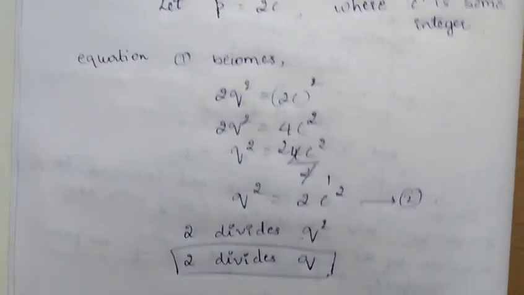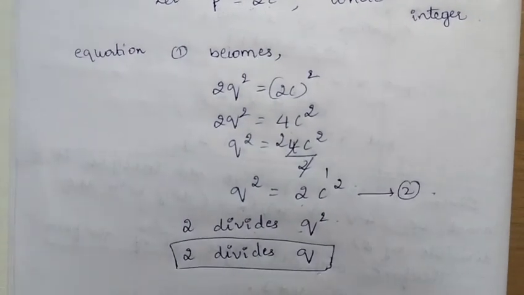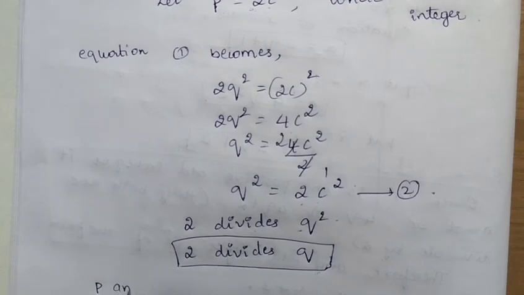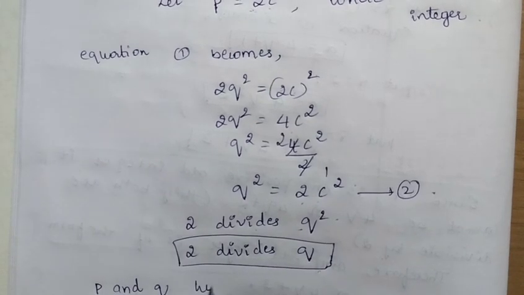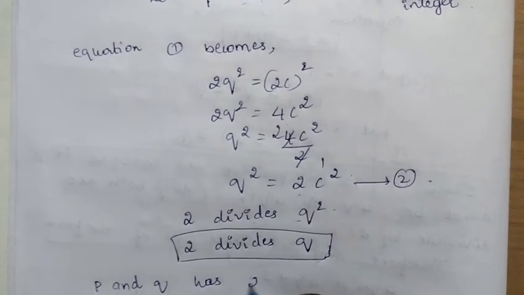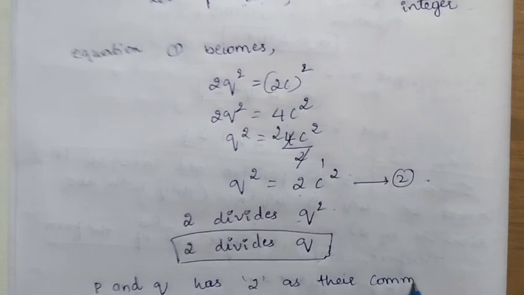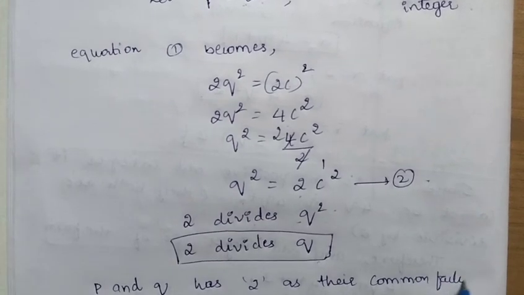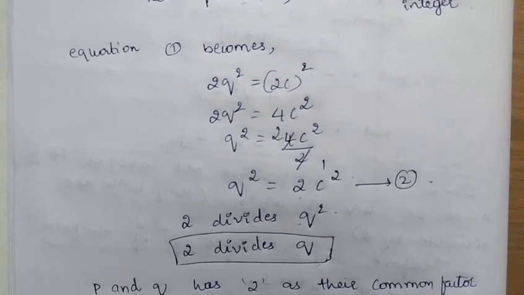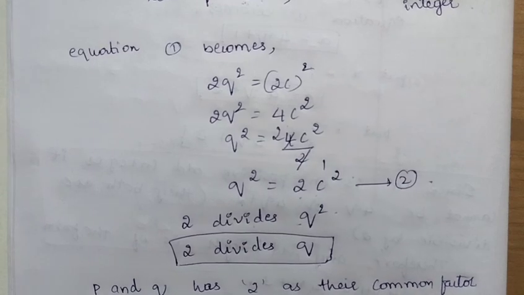In the second statement we are writing that 2 divides q. So p and q have 2 as their common factor.